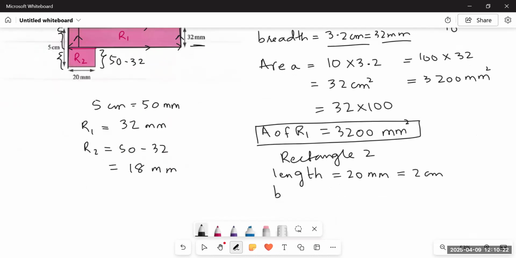And for the breadth, what do we have to do? The breadth will be 18 millimeters. Why? Because we have already done it over here, that is 50 minus 32. So it will be 1.8 centimeters.